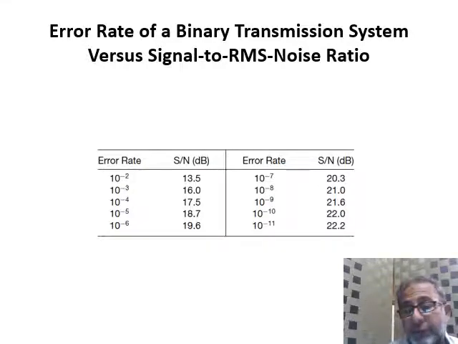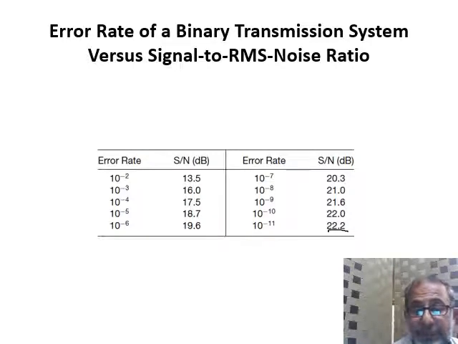If we have 22.2 dB or 22 dB of signal to noise ratio, we have a bit error rate of 10 to the power minus 11 to 10 to the power minus 10. But as the signal to noise ratio reduces, the error rate increases.